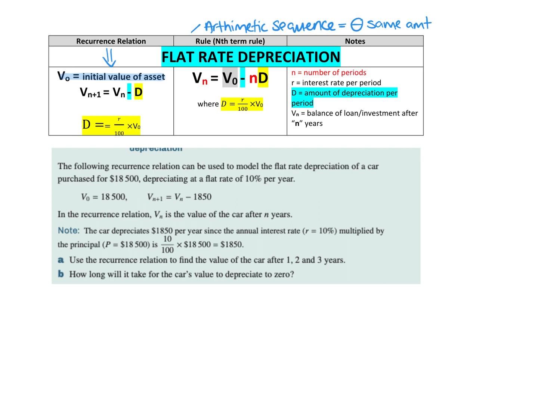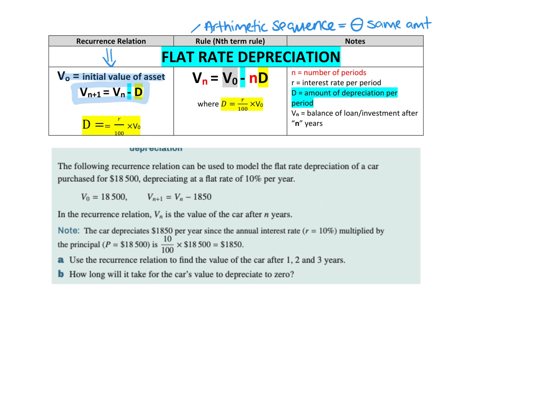So you can see the rule with how you get the next term. It has a minus D, so a common difference is getting subtracted every time.